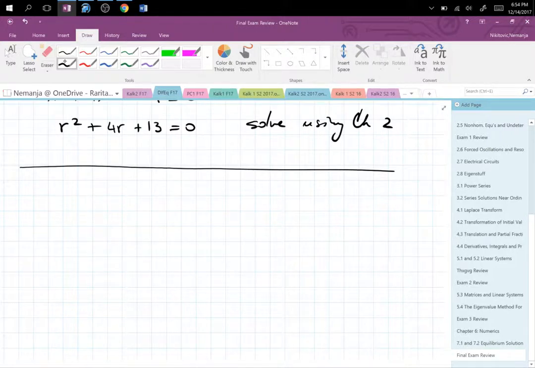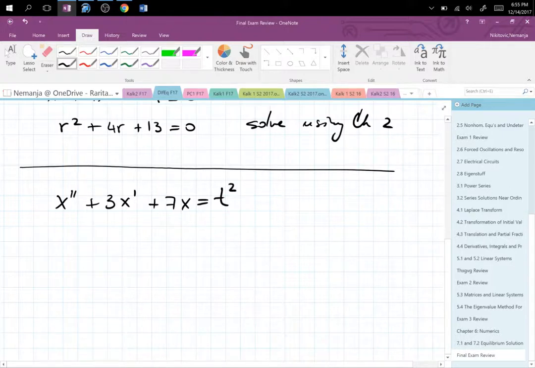Now let's take a look at decomposition. All right, so x double prime plus 3x prime plus 7x is equal to t squared.